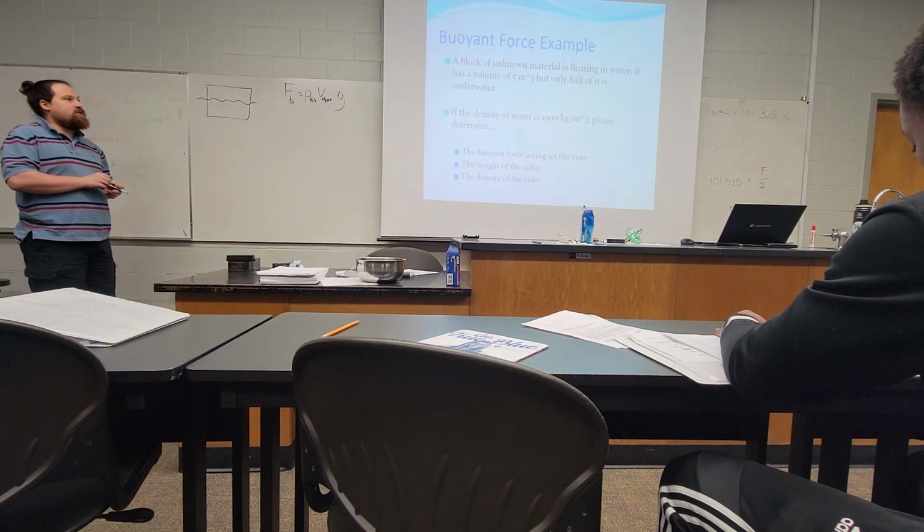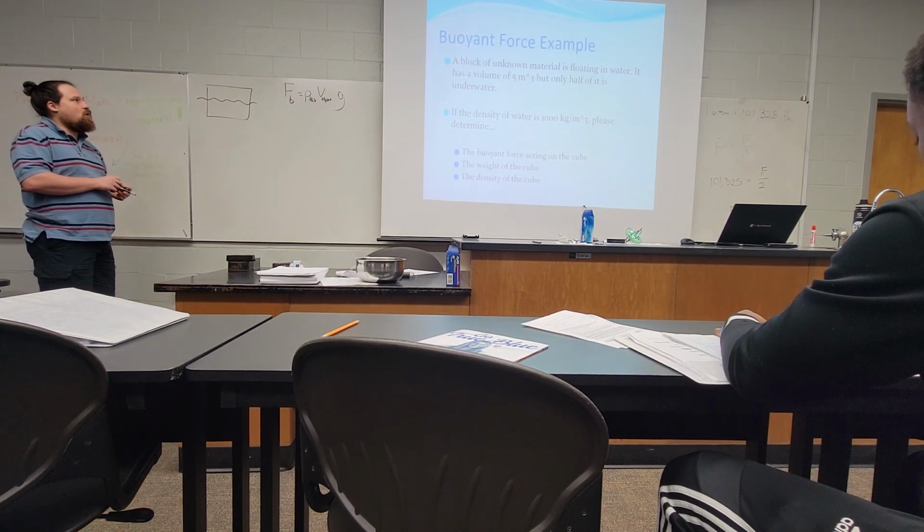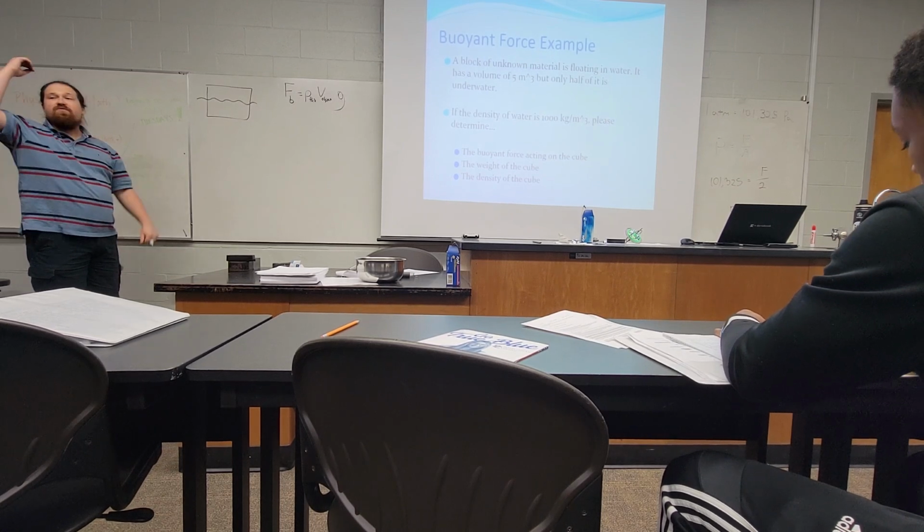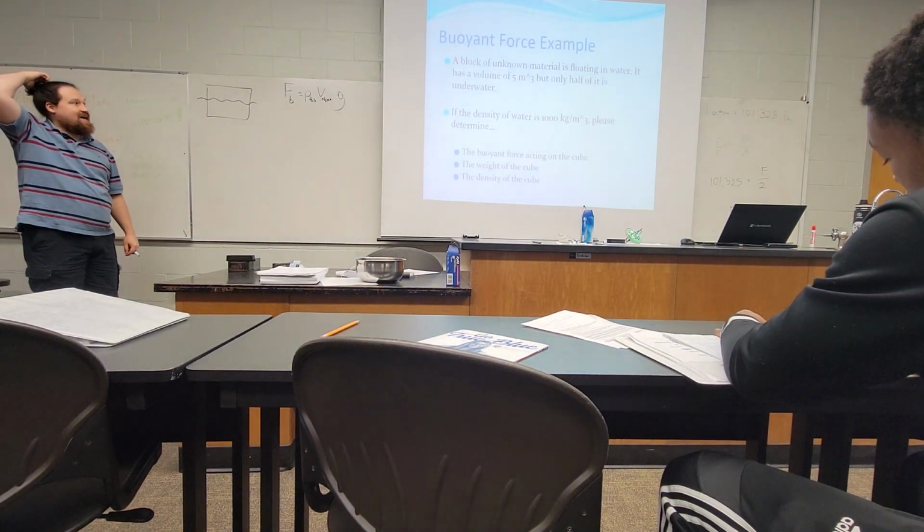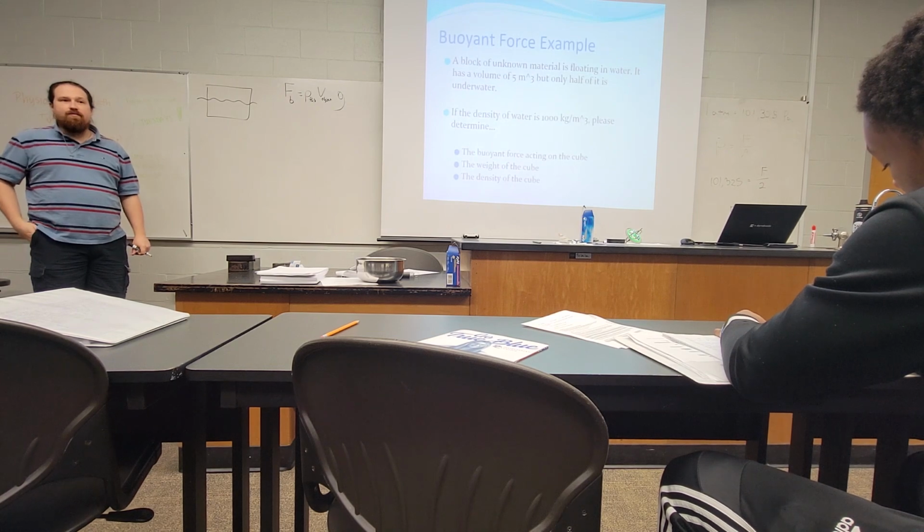If we use 100 kilograms per meter cubed for the water's density, let's first find the buoyant force acting upon the cube.